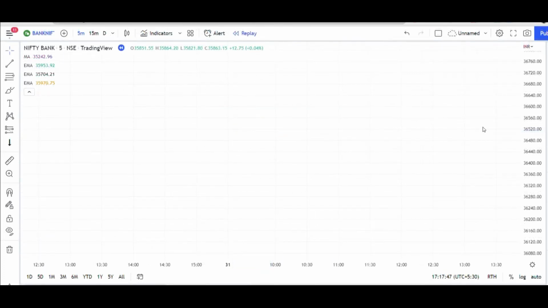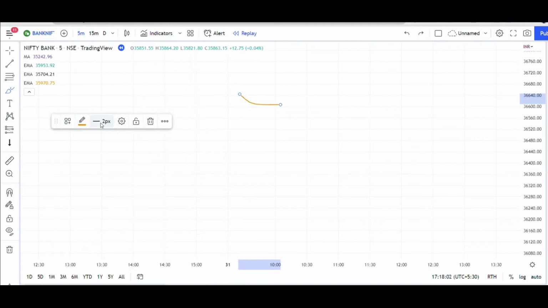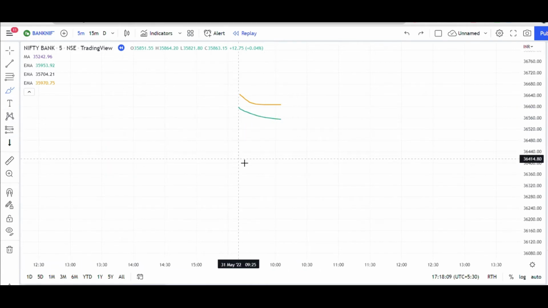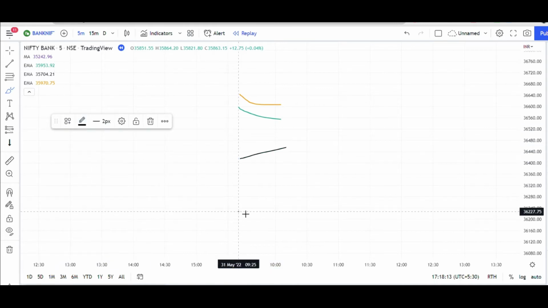Now the third scenario to do the trade is like your 20 exponential moving average is here, and then your 10 exponential moving average is here, and your 100 exponential moving average is here, and let's say your 200 exponential moving average is here.